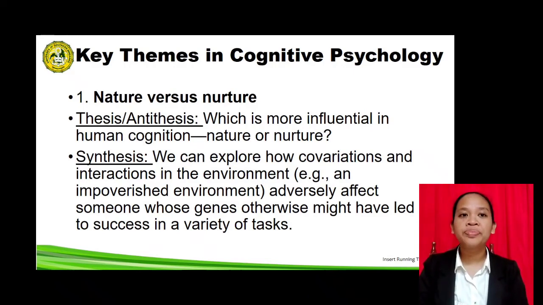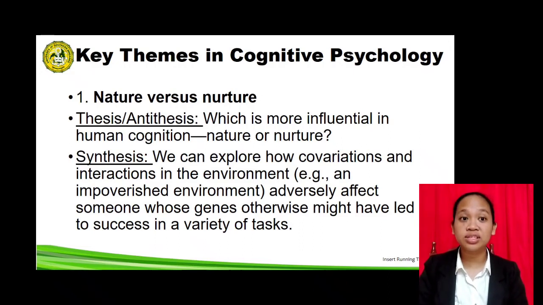So thesis refers to an idea subjected to analysis or an idea put forward for argumentation, while antithesis naman is an idea or proposition that is an opposite or contradicts the another. So thesis and antithesis for nature versus nurture, which is more influential in human cognition, nature ba or nurture?